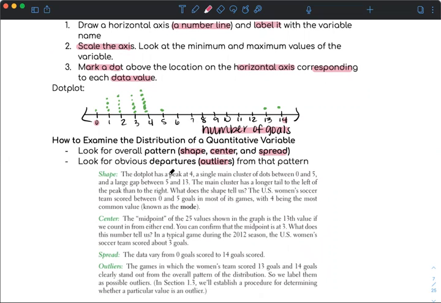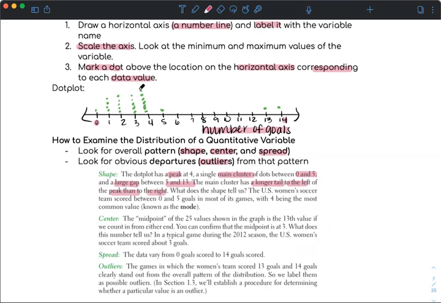First you want to talk about the peak. So we have a peak at 4, and we have a main cluster of dots between 0 and 5. So most of our data values are on this left side of the dot plot. We have a large gap between 5 and 13, and the main cluster has a longer tail to the left of the peak than to the right.